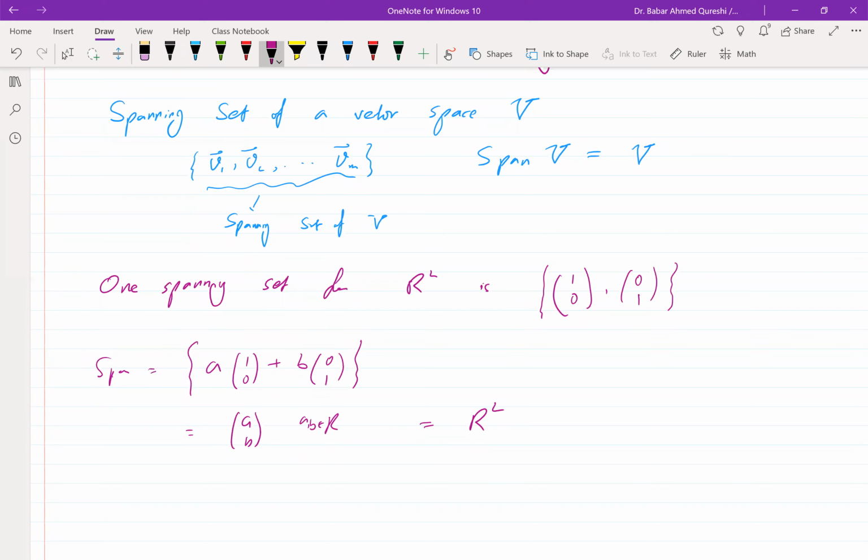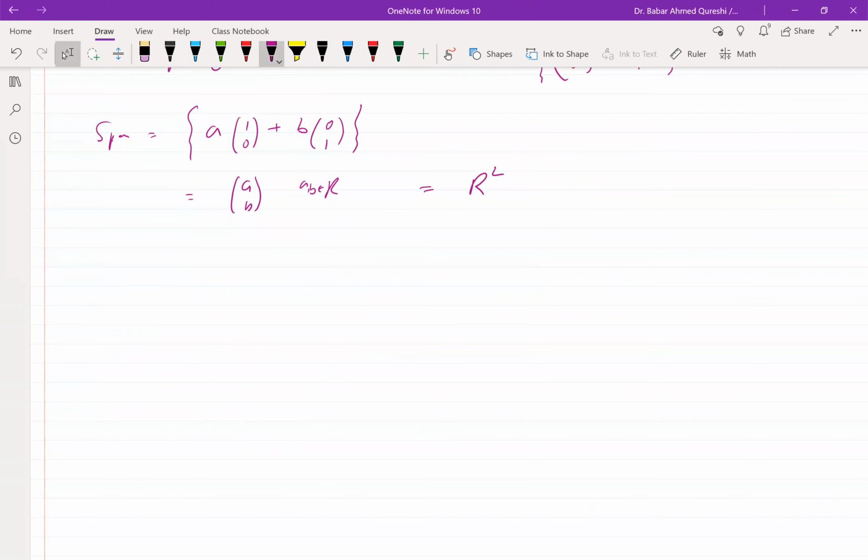If I want to consider a spanning set for M2×2, I can write these.